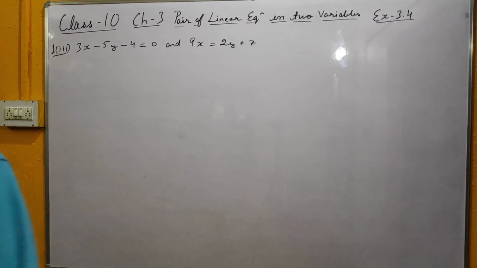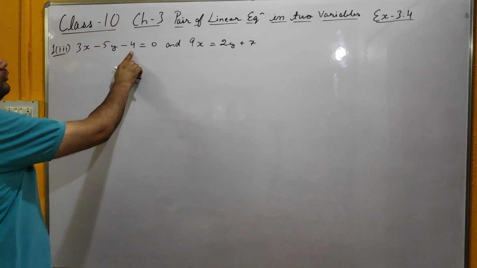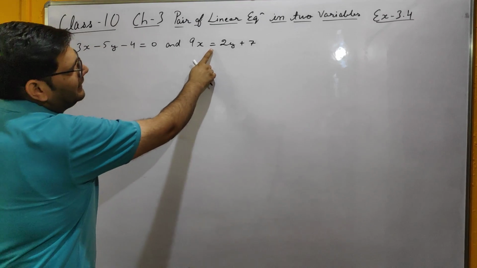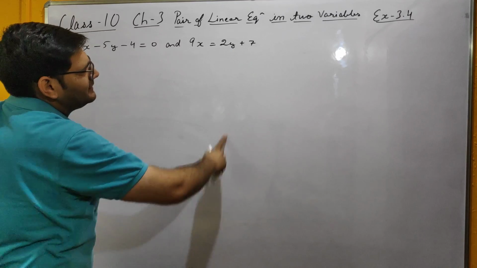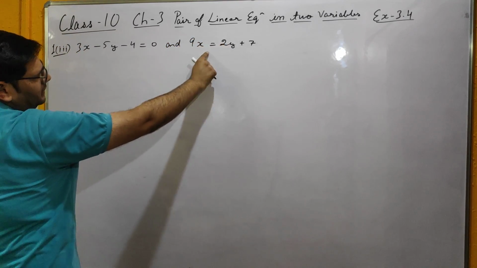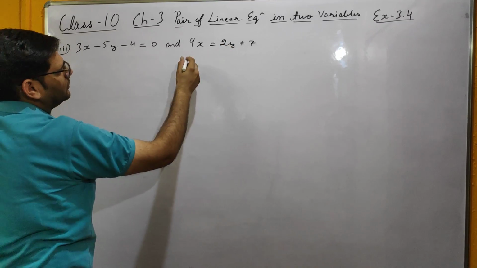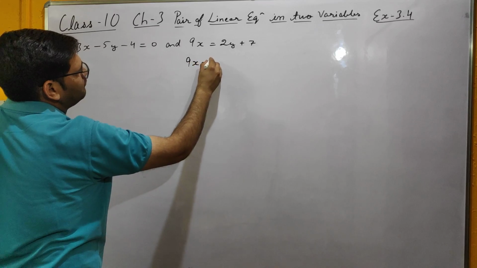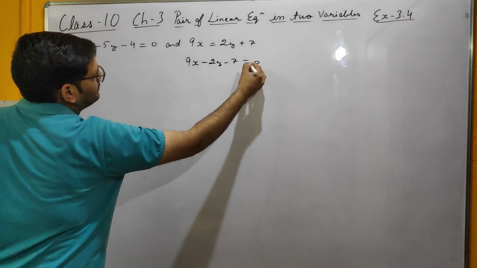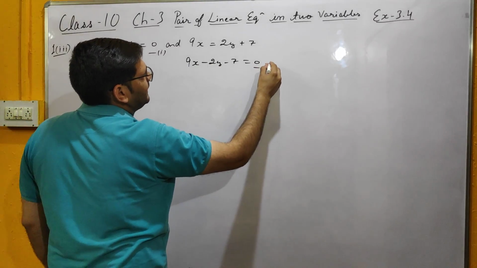The third part. 3x minus 5y minus 4 equals 0, and 9x equals 2y plus 7. First of all, we need to change this equation into standard form. So here we can say 9x minus 2y minus 7 equals 0. So this is our first equation and this will be our second equation.